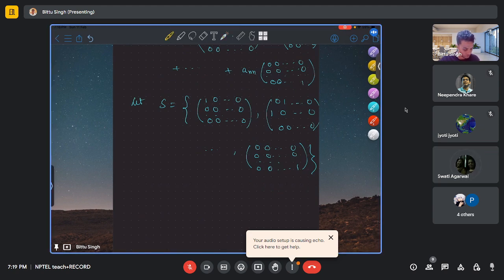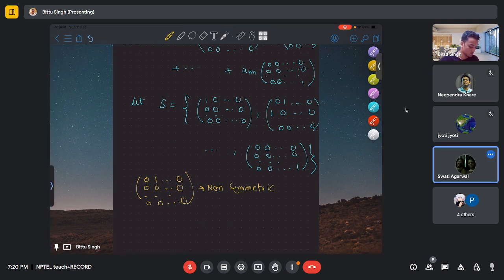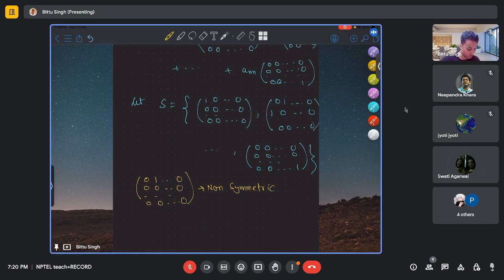In the top. Yes. I am saying that this 0 1 0 0 0, you cannot take this matrix in the spanning set. Why? Because this is not a symmetric matrix. It is not a symmetric matrix, so this does not belong to the vector space.